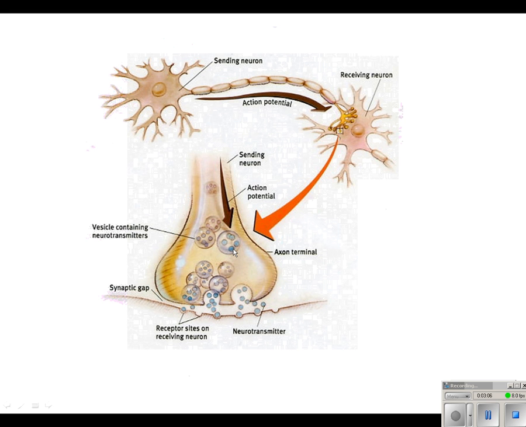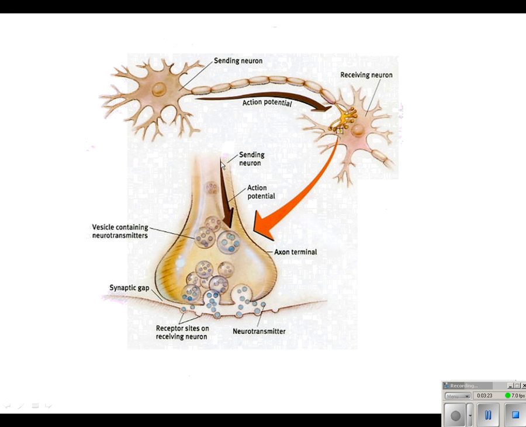Now, the overall function of the nervous system, remember, is to control and coordinate body function and respond to stimuli from the inside environment and the external environment. So these neurotransmitters are going to do just that, and they're going to tell the body what to do.